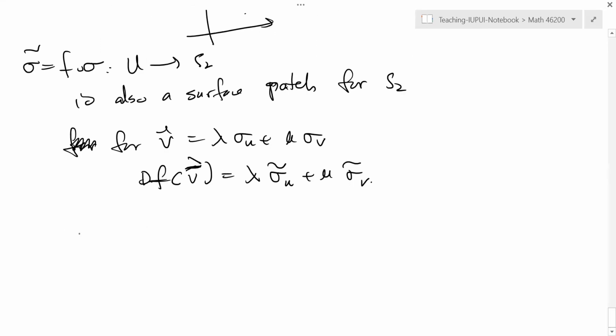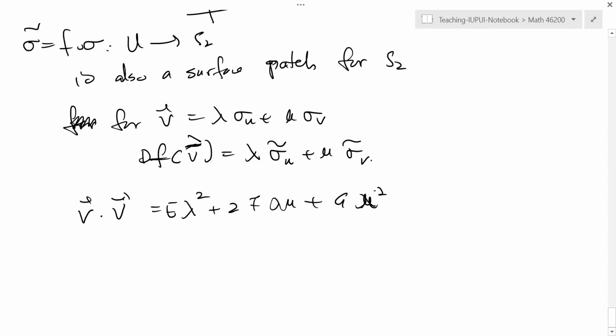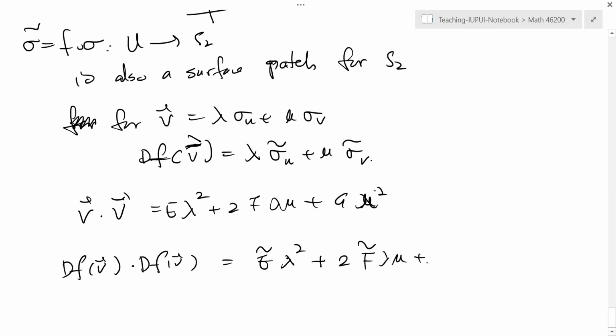Okay, so V dot V is going to be lambda squared E plus 2 F lambda mu plus G mu squared, right? So DF_P V dot DF_P V, and use this one, it's going to be E tilde lambda squared plus 2 F tilde lambda mu plus G tilde mu squared, right?